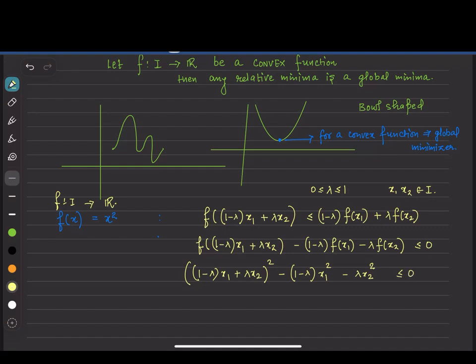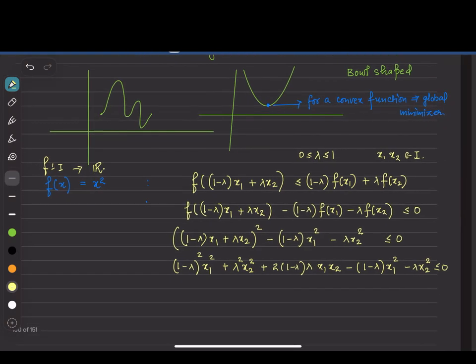तो फर्स्ट वाले से स्क्वायर खोलते हैं, यहाँ से आएगा (1 minus lambda) whole square into x1 square plus lambda square into x2 square plus twice (1 minus lambda) into lambda into x1 into x2 minus (1 minus lambda) x1 square minus lambda x2 square is less than 0.